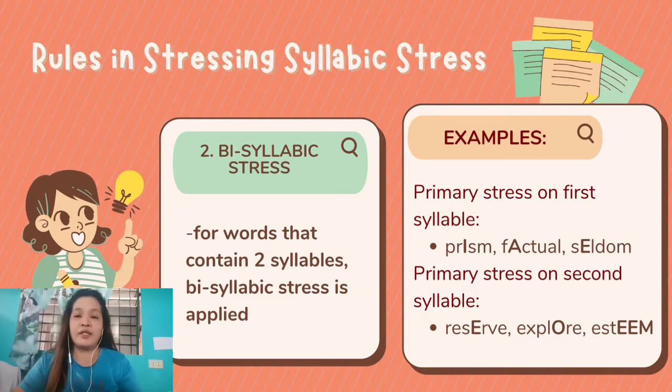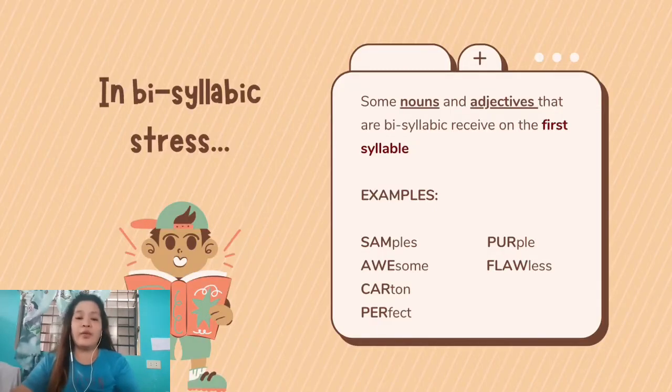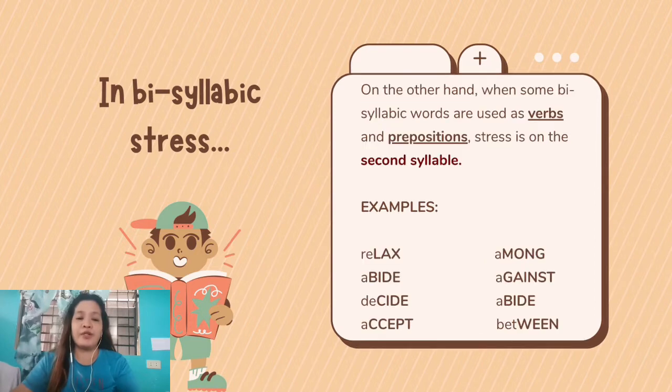Did you see the difference between the two bisyllabic stresses? The first one has stress on the first syllable, and the last one has stress on the second syllable of the word. On the contrary, when some bisyllabic words are used as verbs and prepositions, the stress falls on the second syllable, although there are also exceptions to this rule.